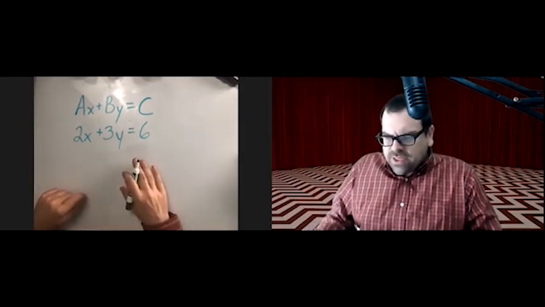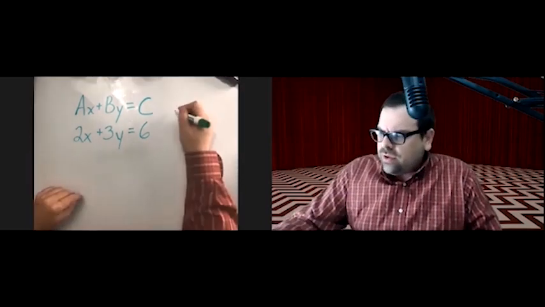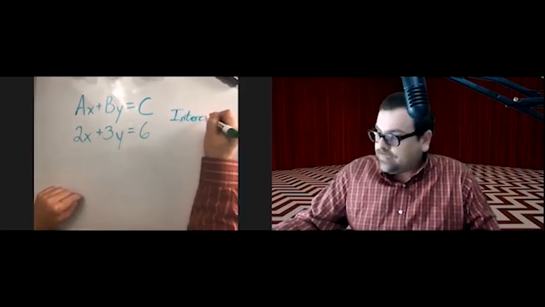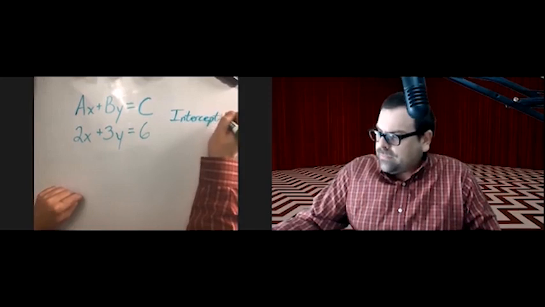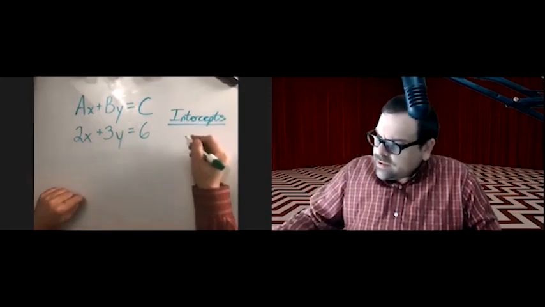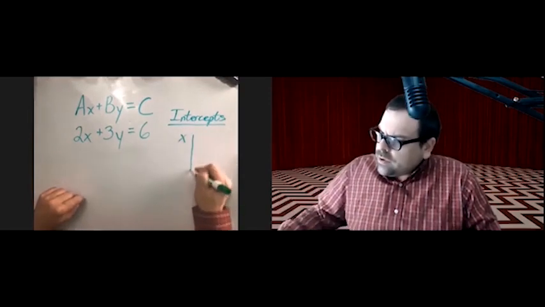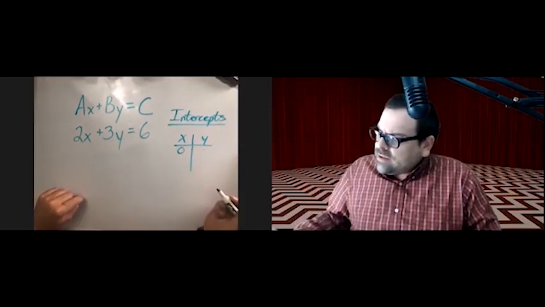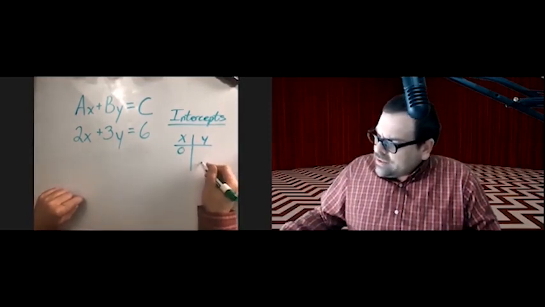The first involved the intercepts. And remember, intercepts were the points where X is 0 and where Y is 0.